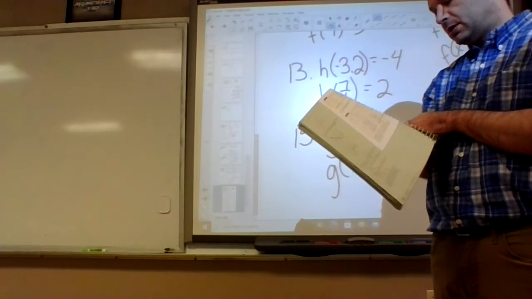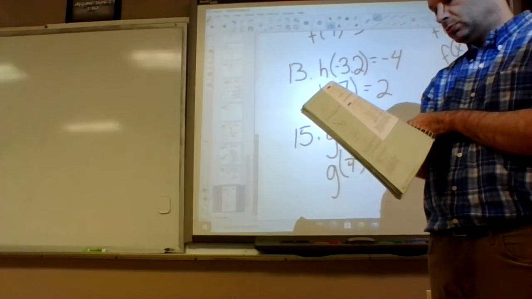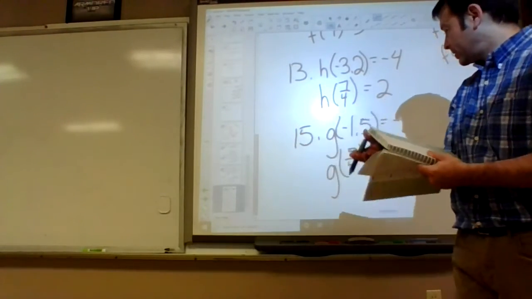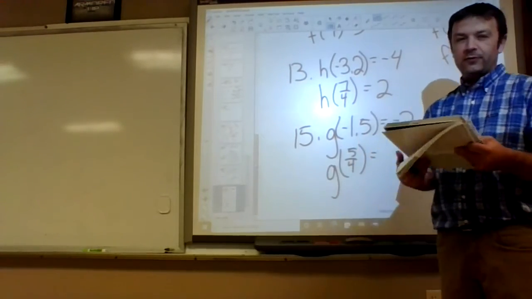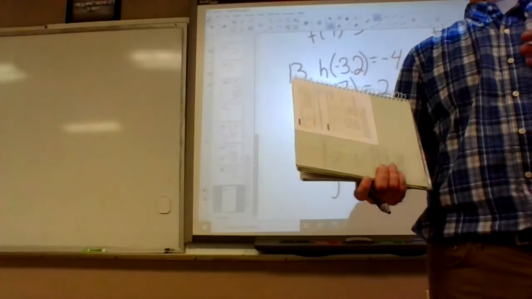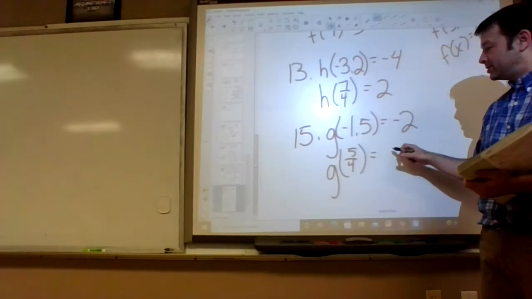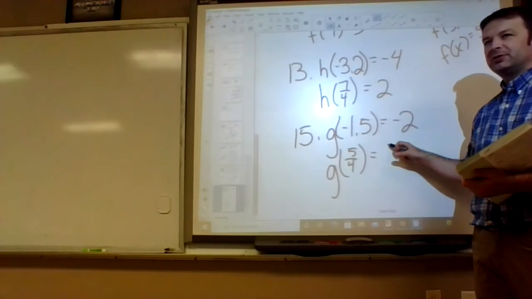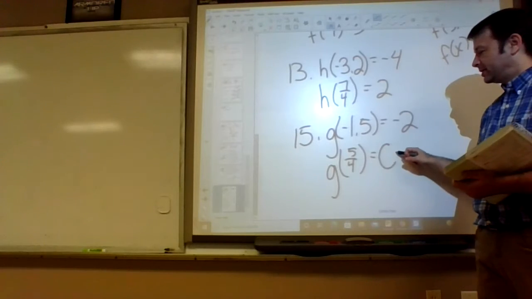Oh, I forgot to subtract though. We were supposed to subtract. So 1 and 1/4 minus a half is 3/4. If I round 3/4 down to the next integer, it would round to 0. Are you guys following with this?